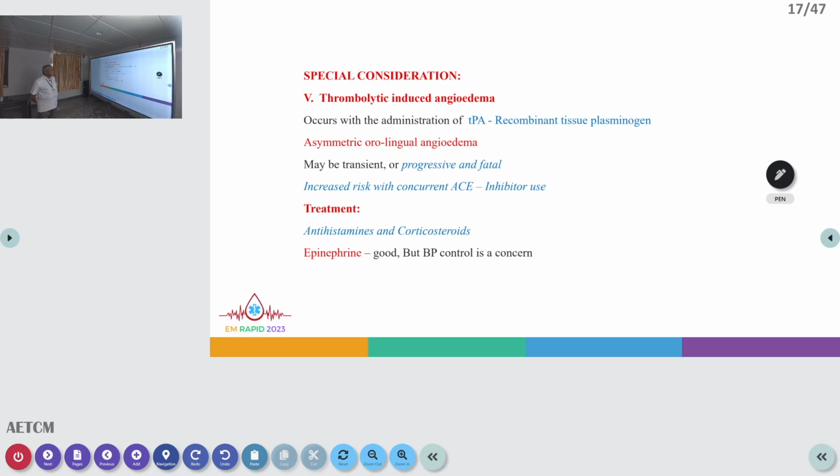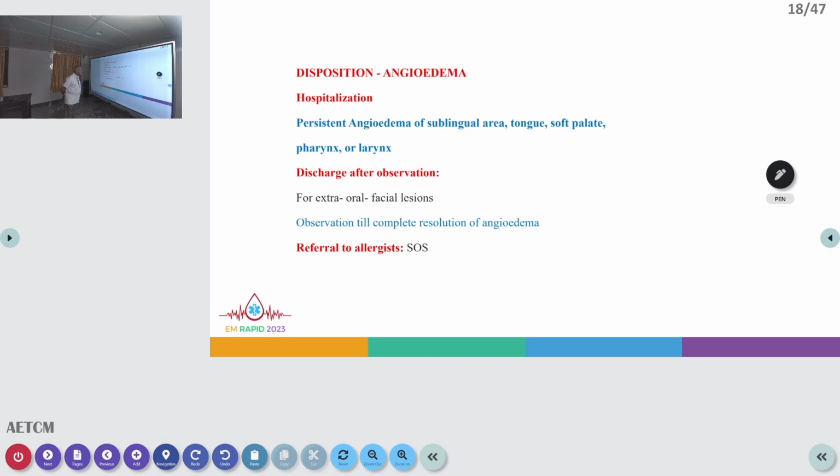Suppose the patient is already on an ACE inhibitor and you are administering recombinant tissue plasminogen activator, the effect will manifest very severely, and we have to keep that in mind. The treatment consists of antihistamines and corticosteroids. Epinephrine is also sometimes the most important treatment aspect.